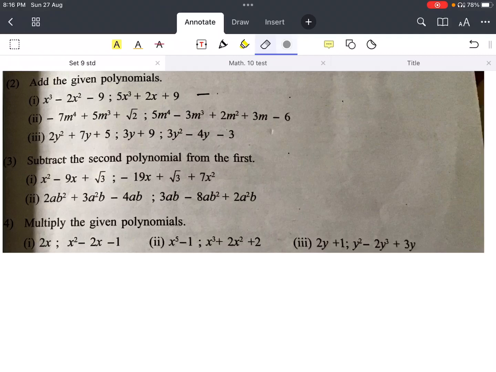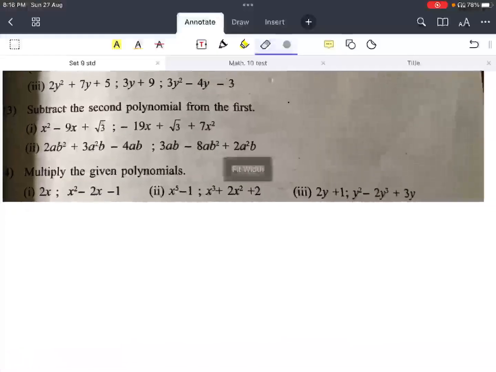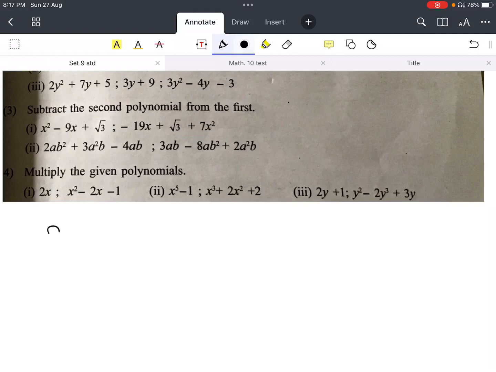So just write down here, subtract the second polynomial from the first. From the first polynomial, we have to write x square minus 9x plus root 3.